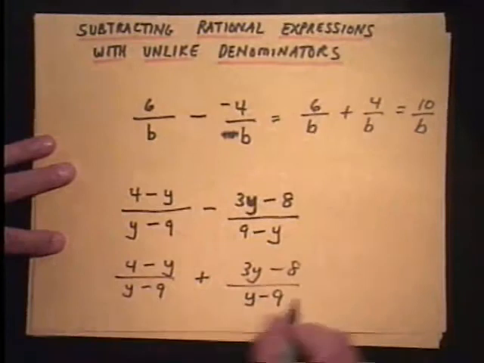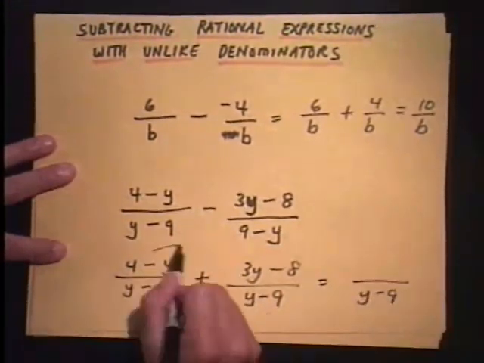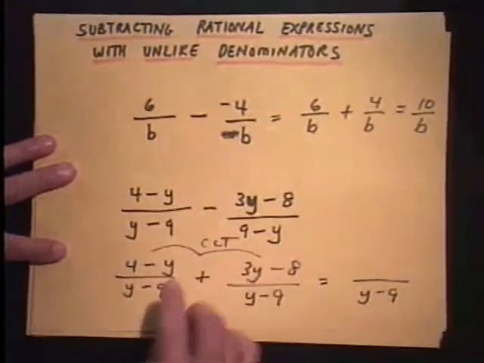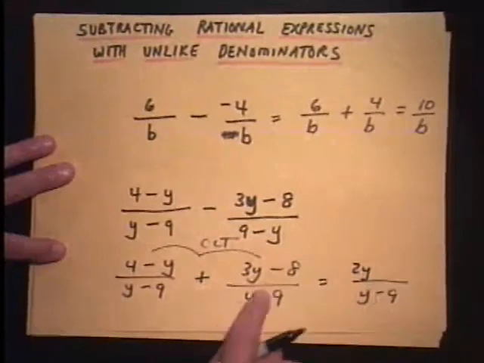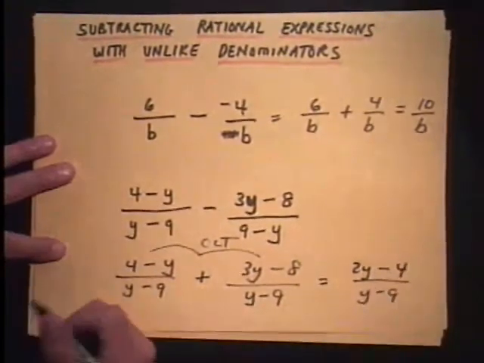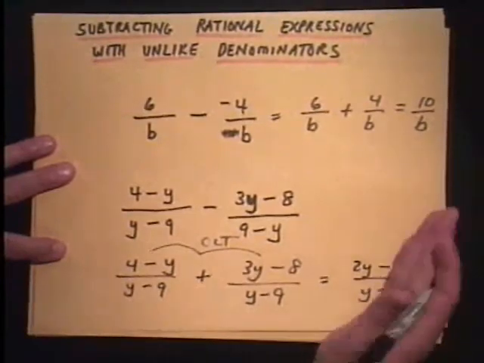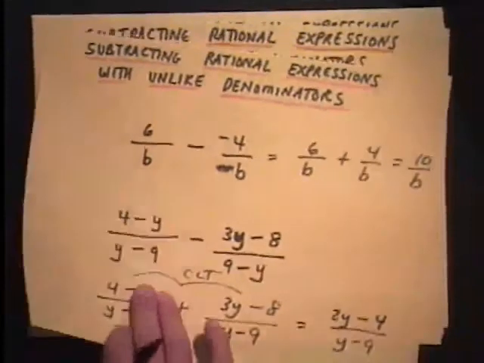And now we have that common denominator. We can put them together and get, we'll do the CLT bird here. So we'll get 3y minus y is 2y. Negative 8 plus 4 is going to give us a minus 4. Now we could factor a 2 out of the top, but nothing will chop or reduce, so that would be the answer. All right, so we're making great progress here.